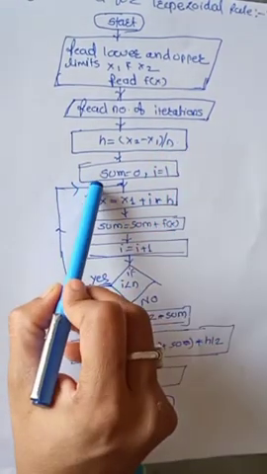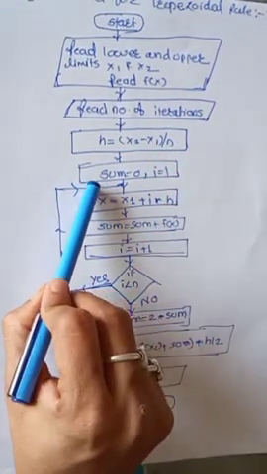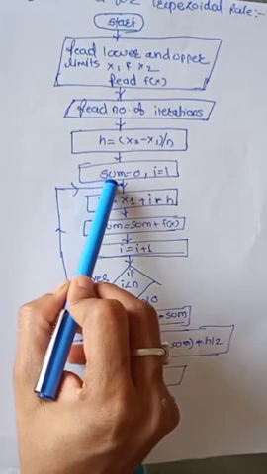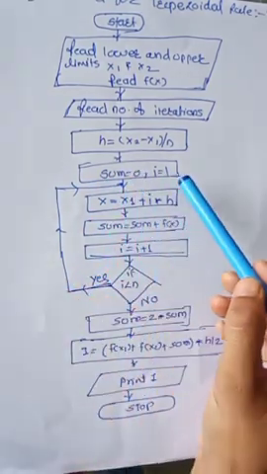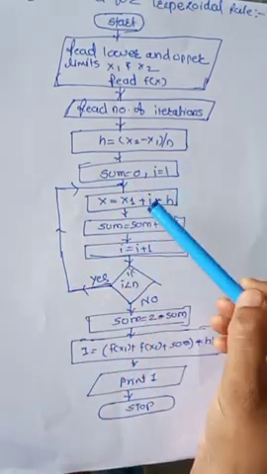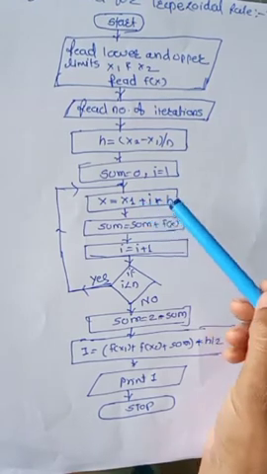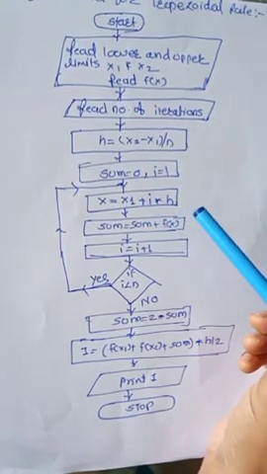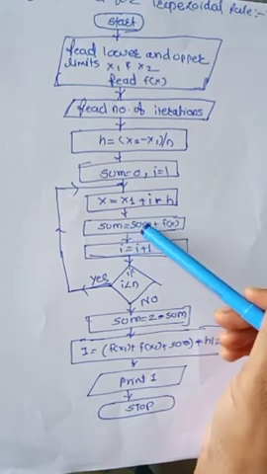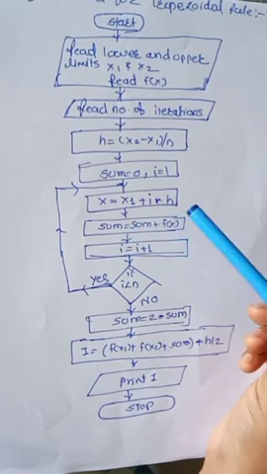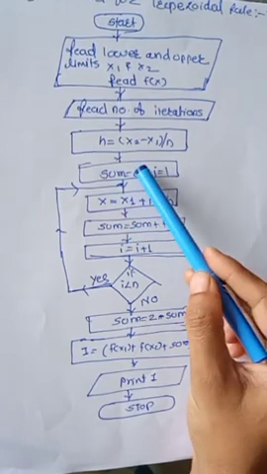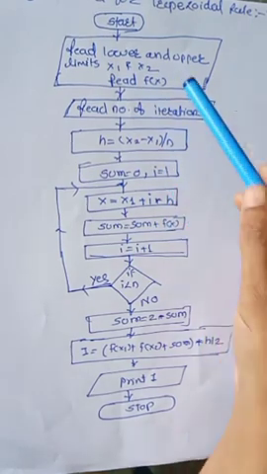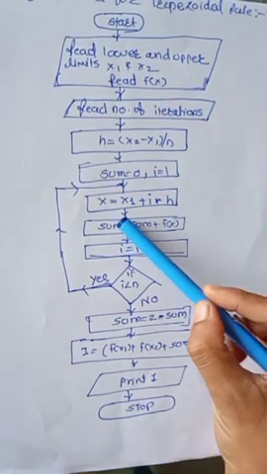Now as I told in the algorithm, we have to assume sum is equal to 0. Now initially I is equal to 1, then you calculate x as x1 plus I into h. Now sum is equal to sum plus fx. That means you define the sum here as 0, you define fx here, and you are going to accumulate the sum.